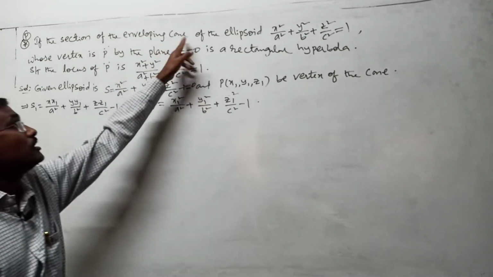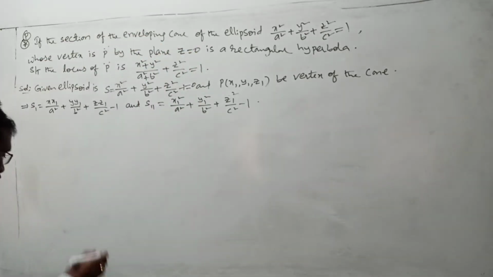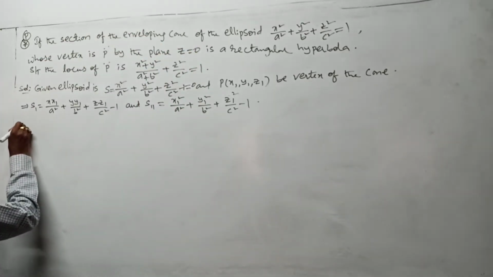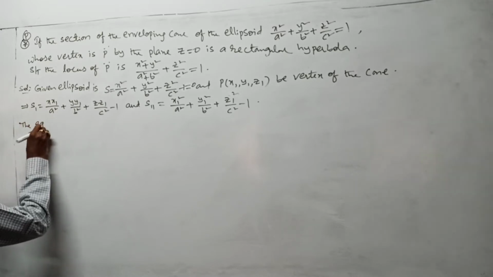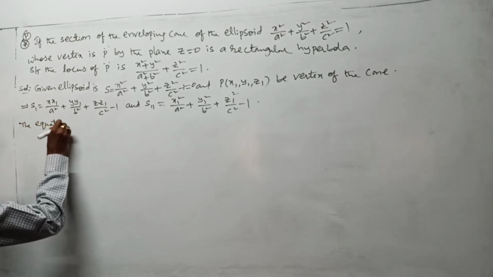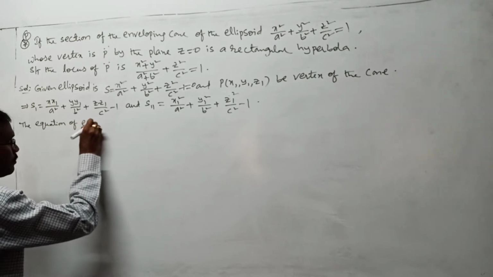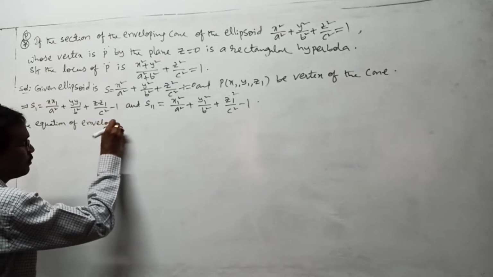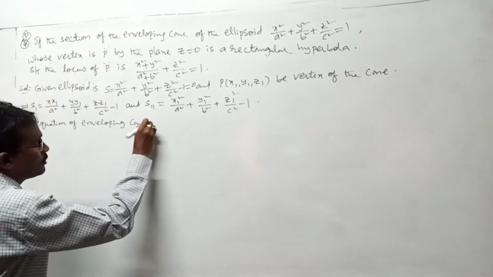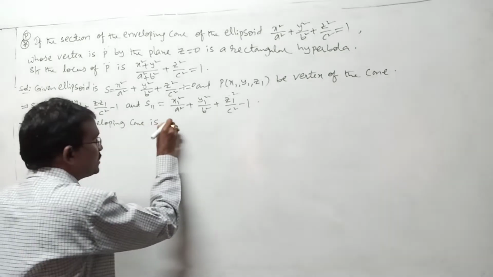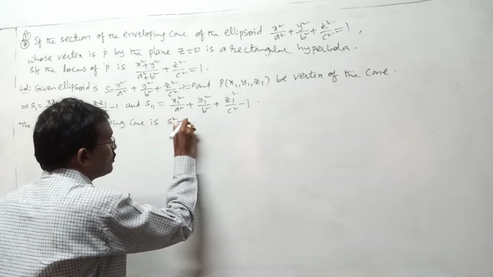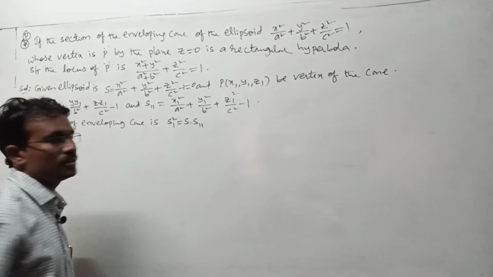Now define the equation of the enveloping cone. The equation of the enveloping cone is, you know, S1 square is equal to S into S11.